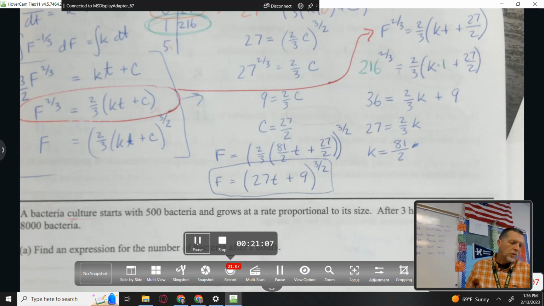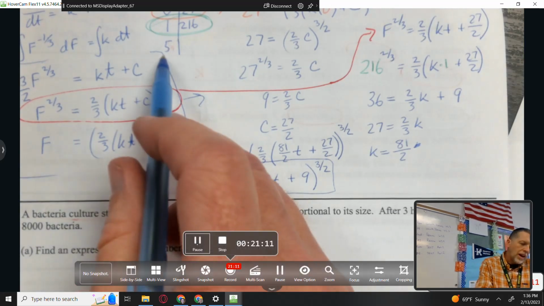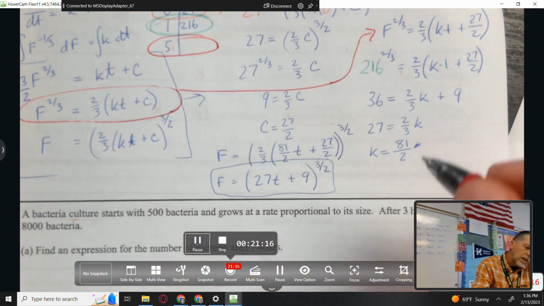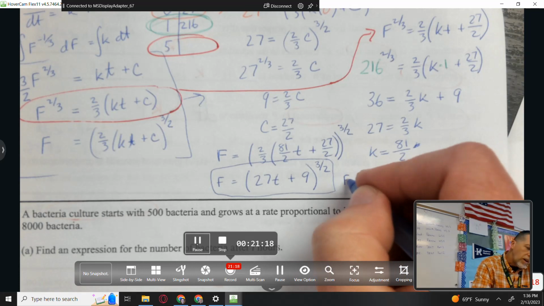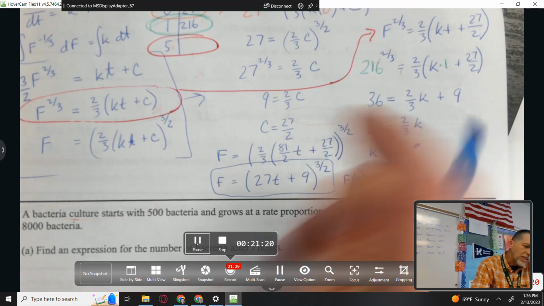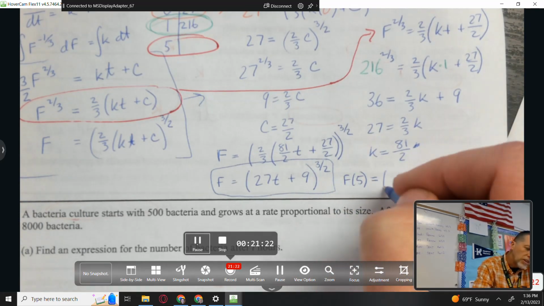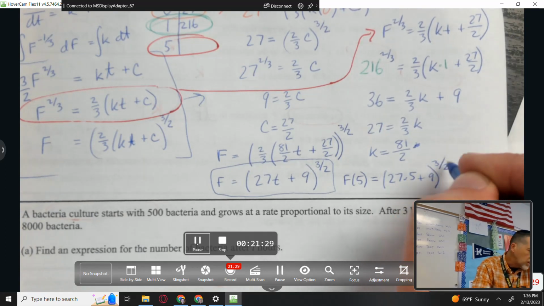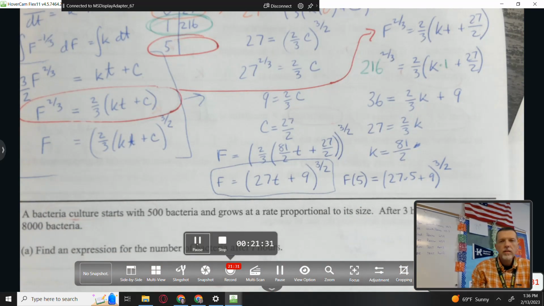So what do I do to answer this final question? You have to plug in t equals 5. Yeah, I need to plug in 5 for t. So f of 5. I'm also sensing a safe stop in my near future. 27 times 5 plus 9, to the 3/2. I don't know what that is.